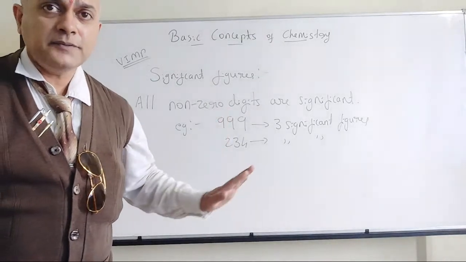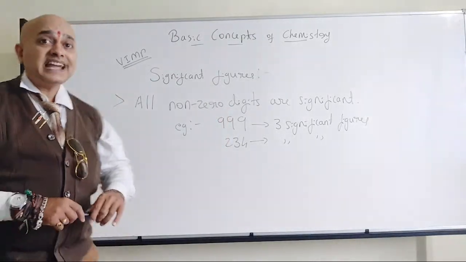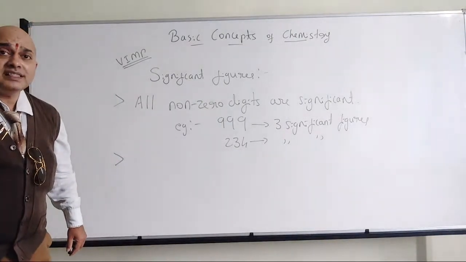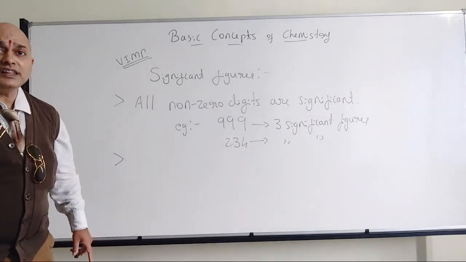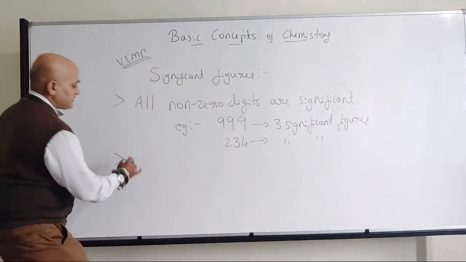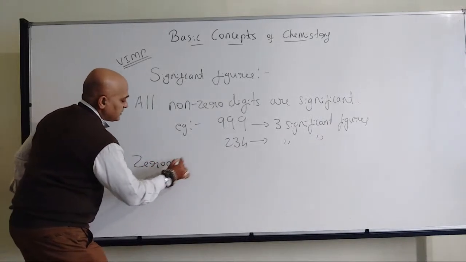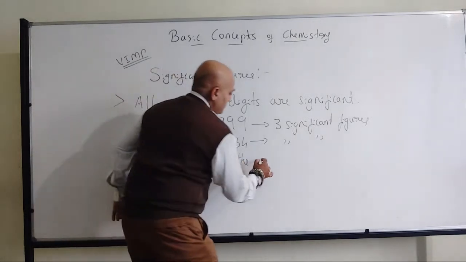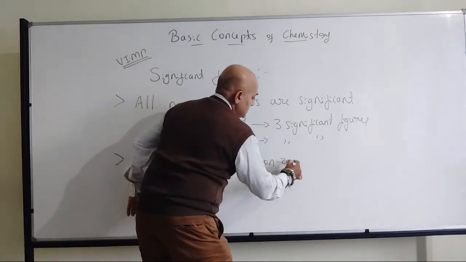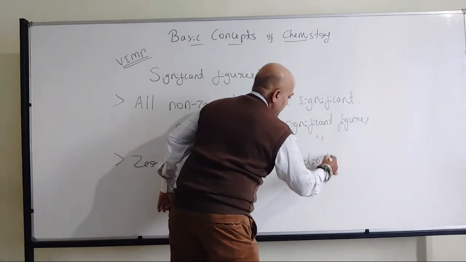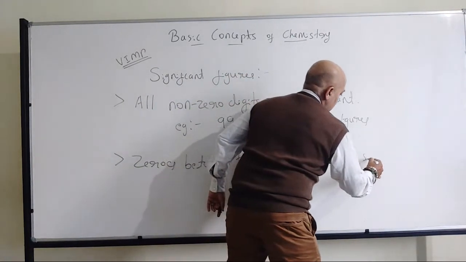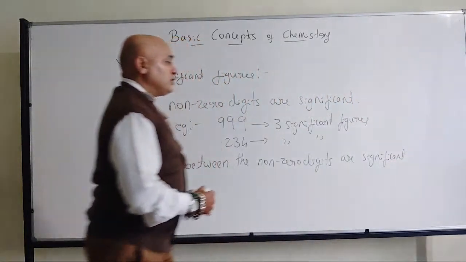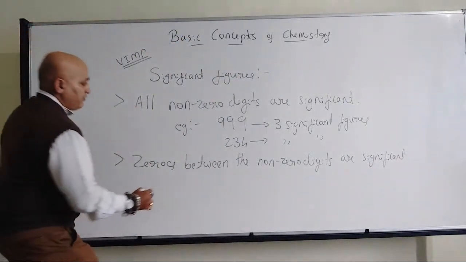All of you have understood? So the next point tells that zeros present between the non-zero digits are also significant. Zeros between the non-zero digits are significant.